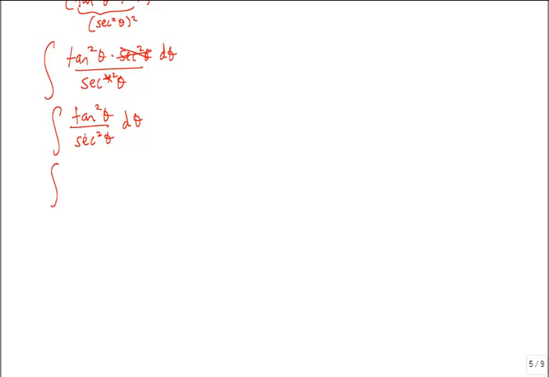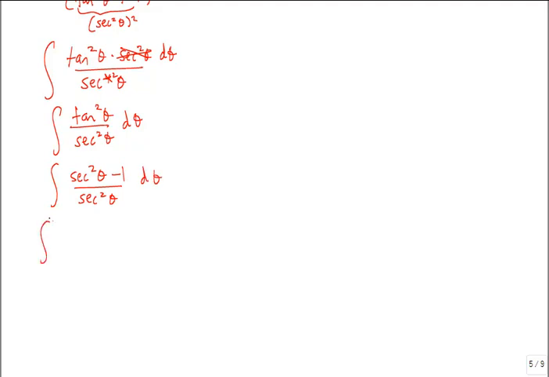And I want to do it to the top one because I can break up a numerator, but I can't break up a denominator. So it's better to leave that denominator as a single term, secant squared theta, and just maneuver the top. So tangent squared theta is the same as secant squared theta minus 1.